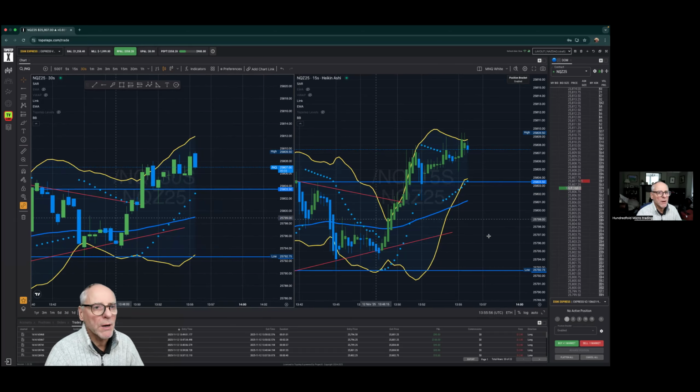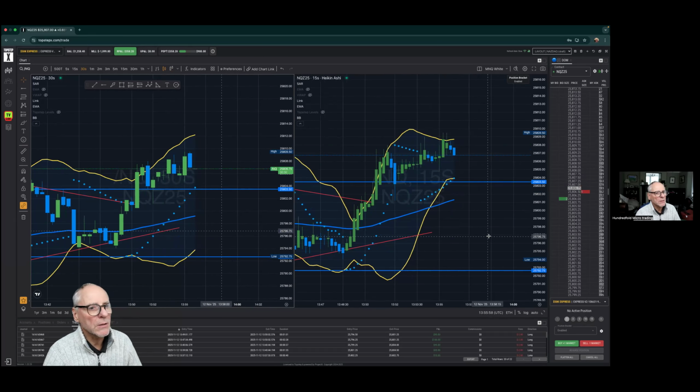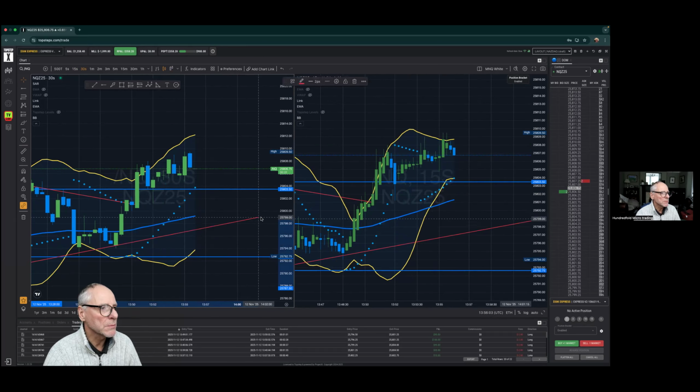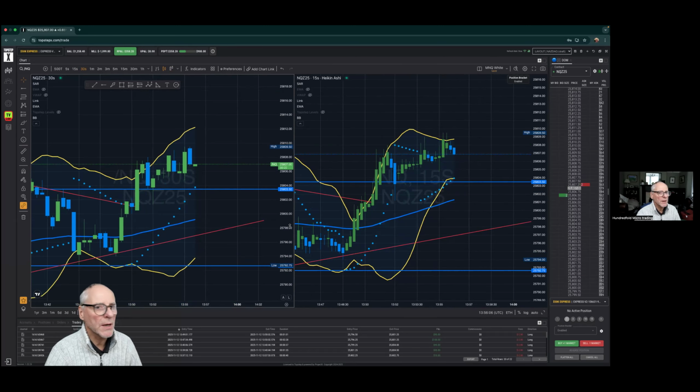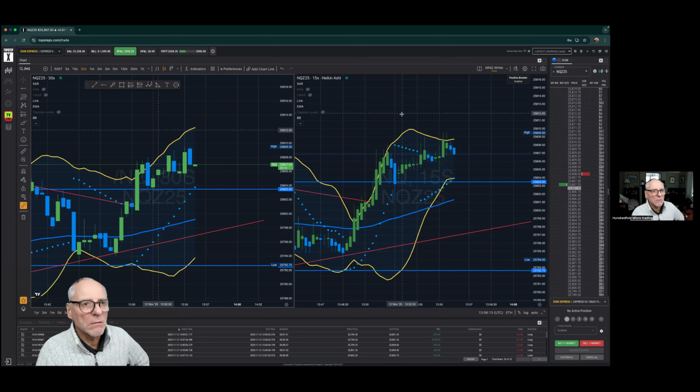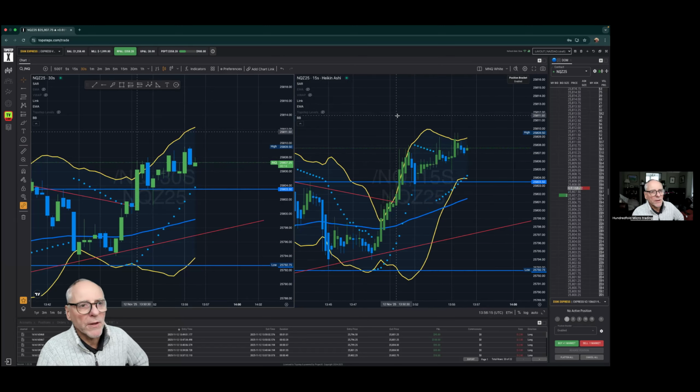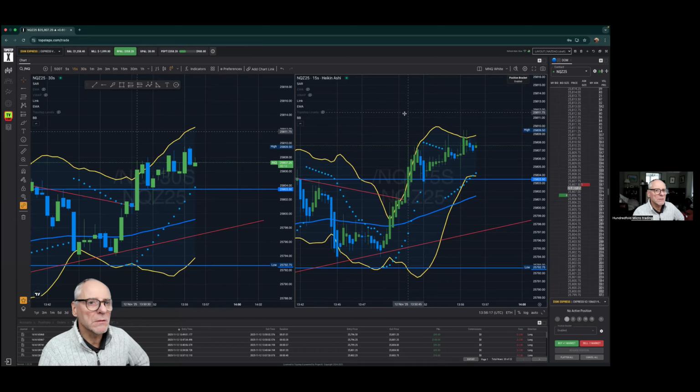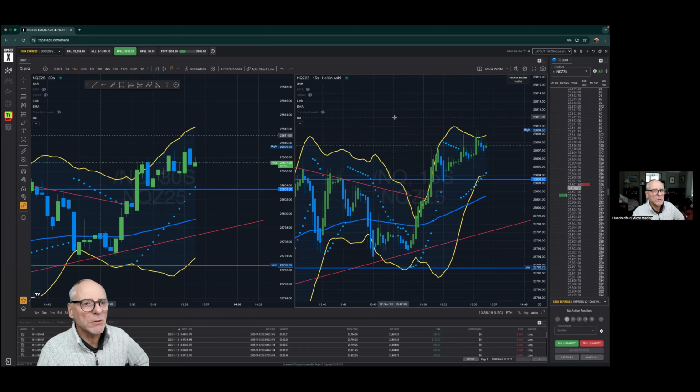Got the Bollinger Band, the yellow lines, and we've got price action, support and resistance lines, the red one. Might sound complicated, but when you watch the market long enough, you find something on your chart that equals a positive trade.